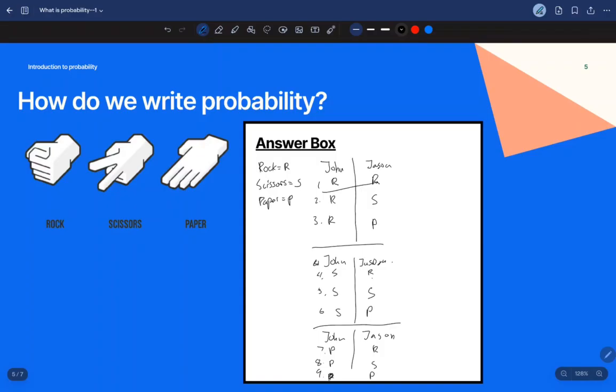If the question asks, what is the probability that John and Jason both do rock? There's only one option in which John and Jason both do rock.